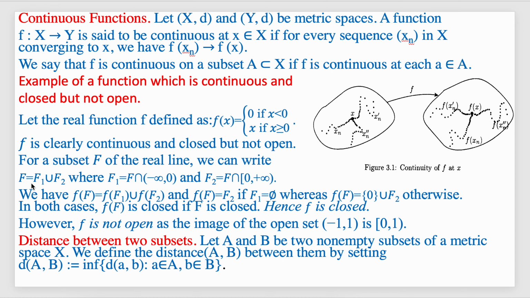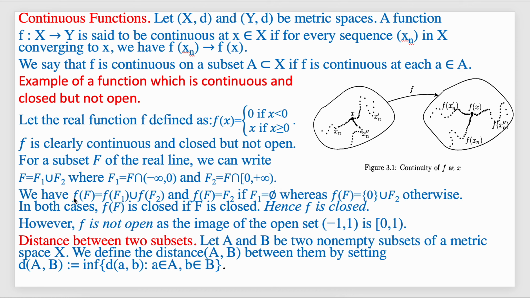So we have written a subset F of the real line as F1 union F2, where F1 is F intersection minus infinity to 0, and F2 equal to F intersection 0 to infinity.